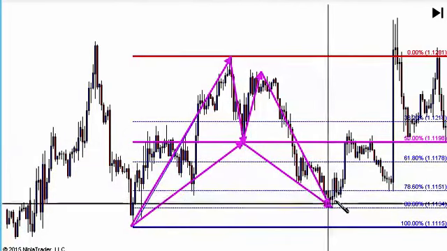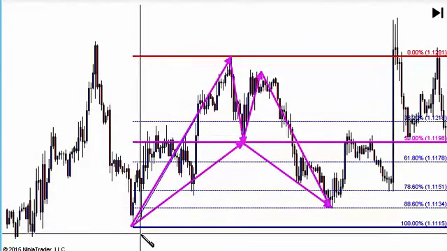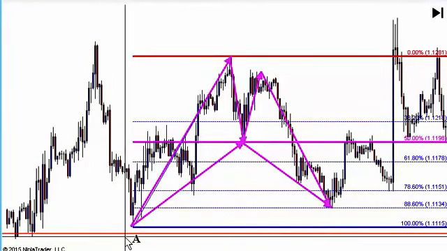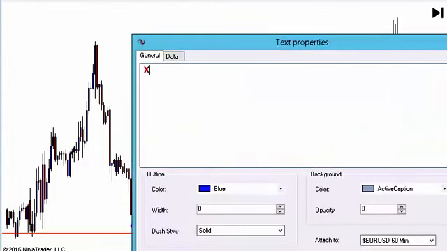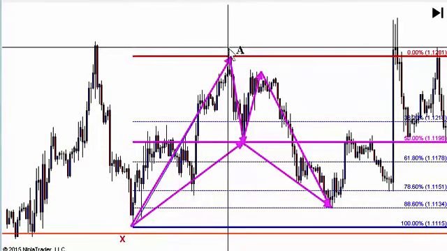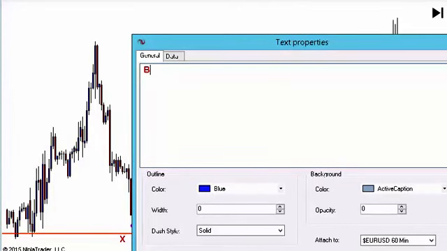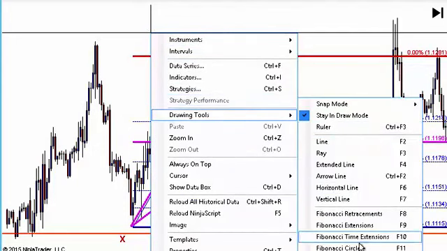This is where you would look to buy the market, and also your risk would go directly under the swing low. So we would label this X, A, B, C, D. Now what we can do is take away the arrows and make it a little bit prettier.